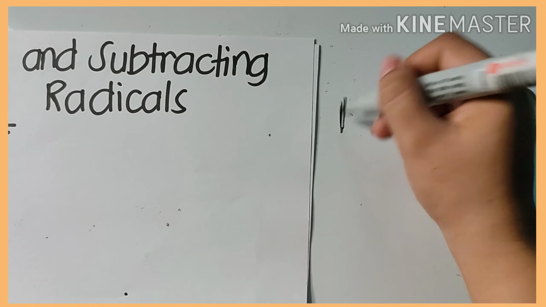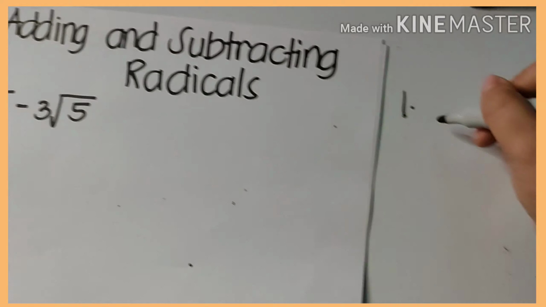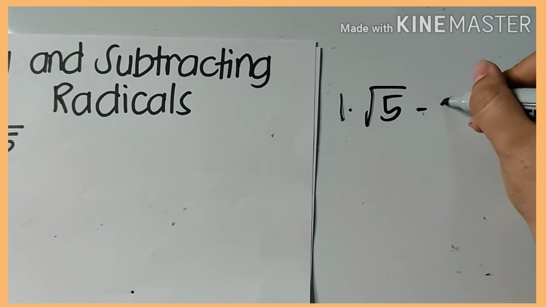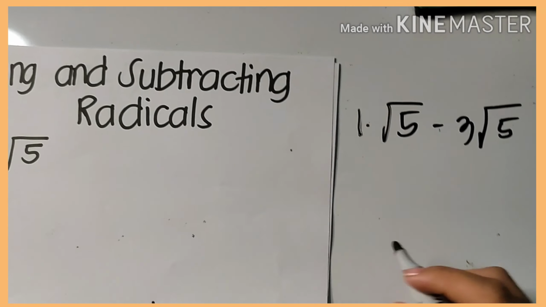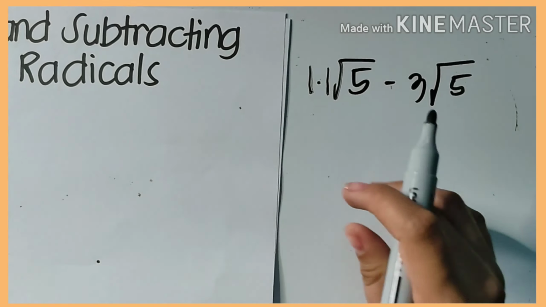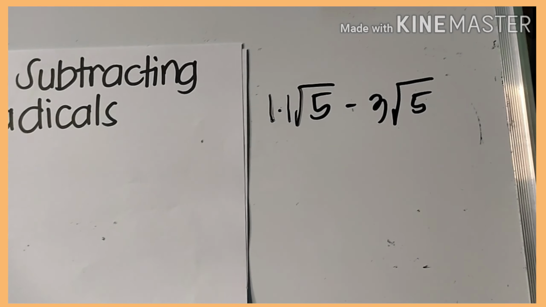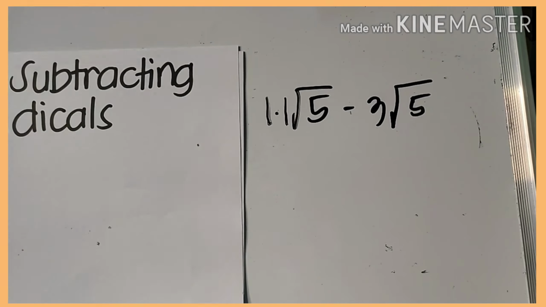Number 1, we have square root of 5 minus 3 square root of 5. In this expression it is understood that there is a numerical coefficient of 1. So we are just going to combine like terms. This is equal to 1 minus 3. Where did we get 1?